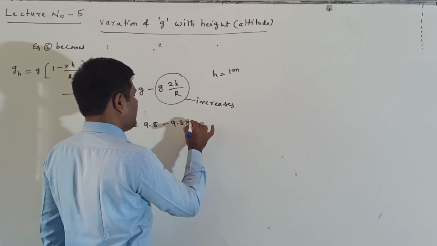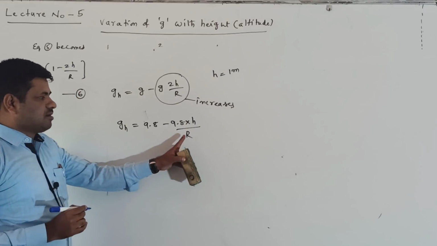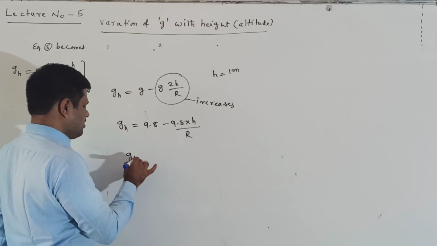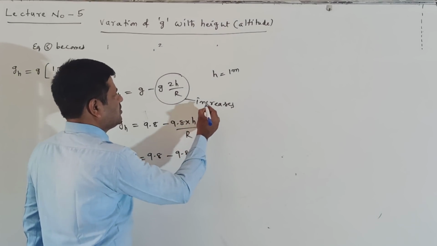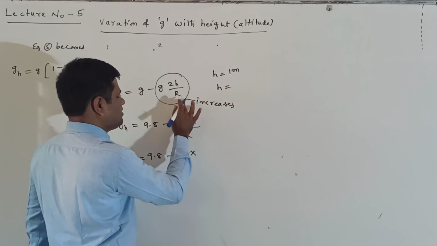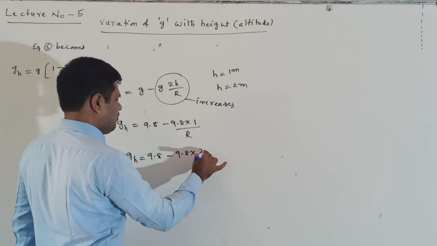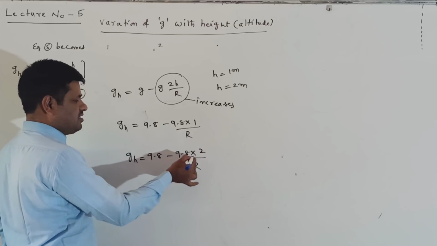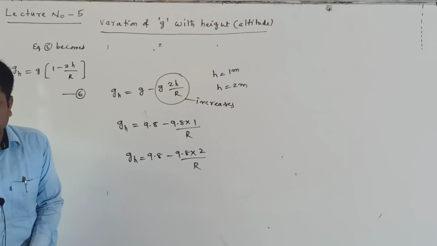Here the subtraction value is 9.8 into 2h by R. Suppose gh is equal to 9.8 minus 9.8 into 2 by R, with h equal to 1 meter substituted. Now I take h equal to 2 meter. Now here a small value is there, there a larger value is there, meaning the subtraction value is increasing. Subtraction value increasing means gh value is decreasing.